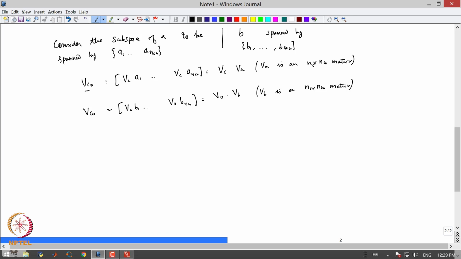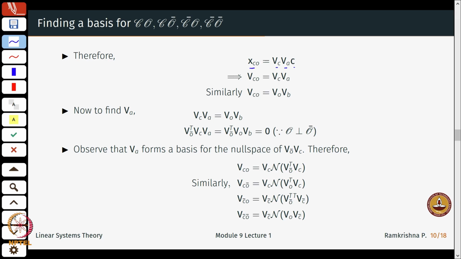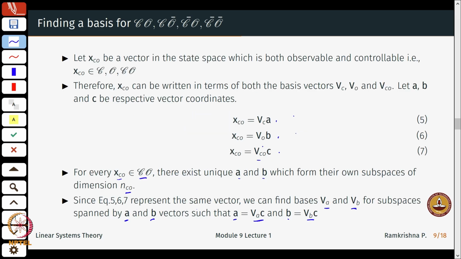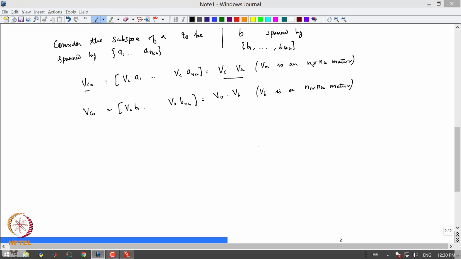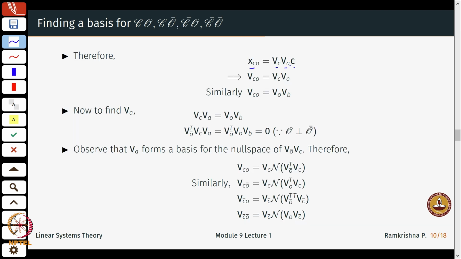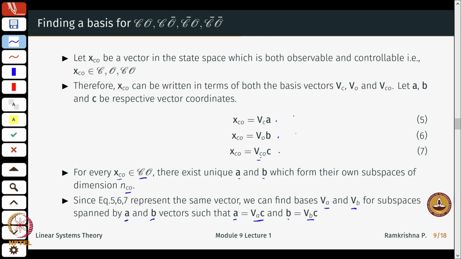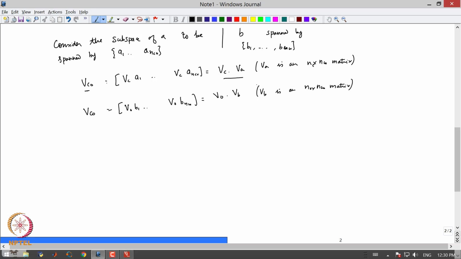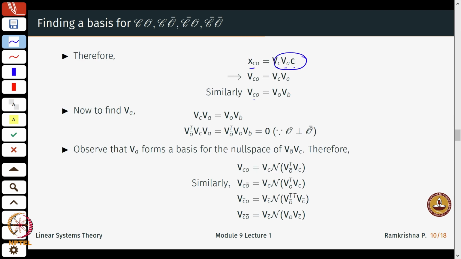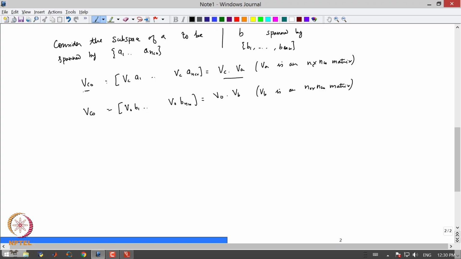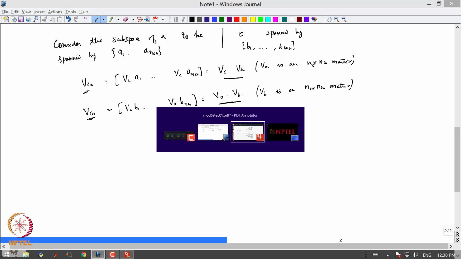So, Vco is Vc times Va. Therefore, xc naught would be Vc Va times c, which essentially means that if we compare this expression and this expression, something like this holds true, which is also what we derived over here. Vco is Vc times Va and Vco is also Vo times Vb.